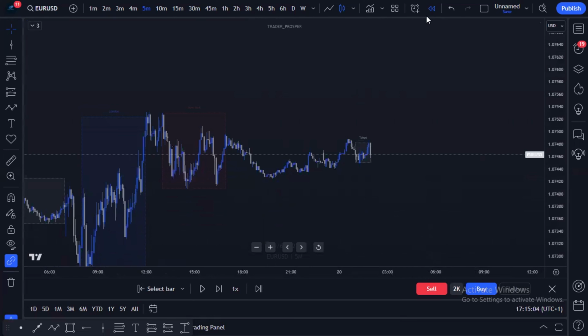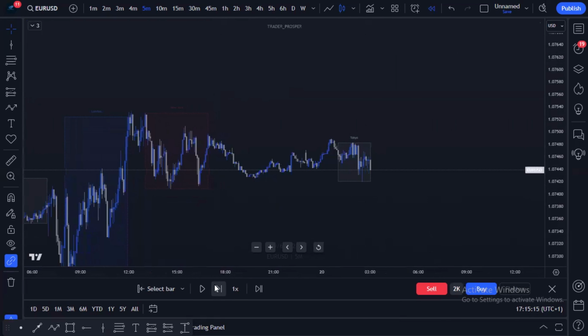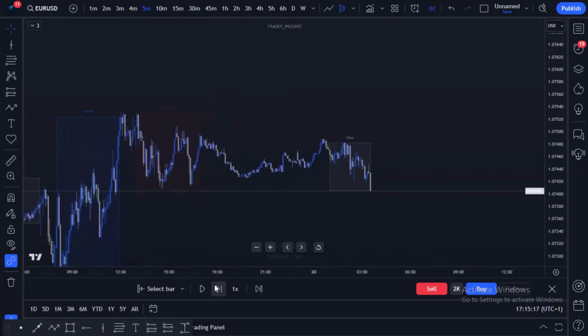Now, this is what I would do. Already, I'm using a replay tool for this. All right, this was how I got into the setup. So I'll just play it manually now. We're waiting for the session range to complete.